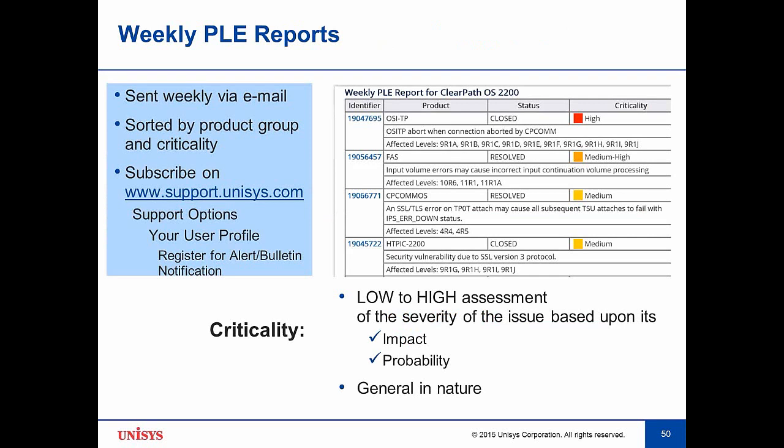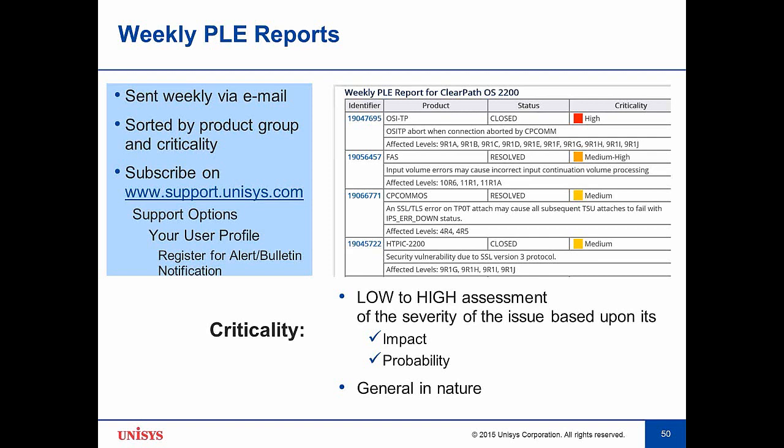So as I said, for each of the PLEs, when we are writing up the symptoms of the problem and our corrective action, we assess them using the best of our judgment on its impact and probability of occurring, and together those two factors get evaluated and this criticality value is established. You get a weekly email if you wish, and I have text there in the upper left.